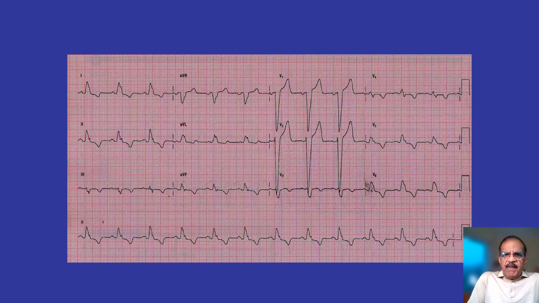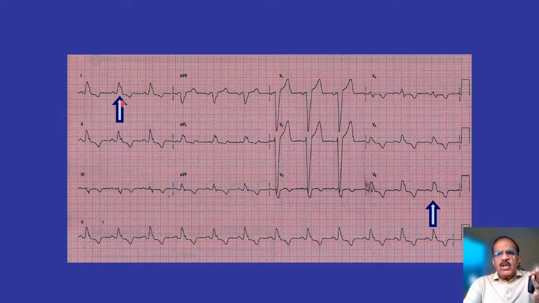Let's take this example. The same exercise has to be repeated. First we do the rhythm. In this case, the rhythm is regular. Then we see the QRS complexes. They are definitely wide. If you remember, the normal should be 0.10 or maximum 0.11, I think 0.10.